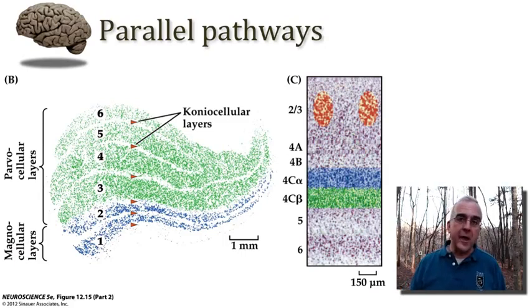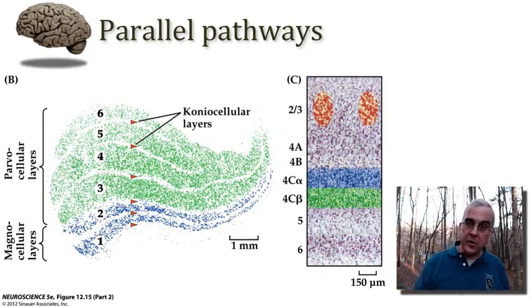Now you may be wondering what happens to these parallel pathways once we get beyond the primary visual cortex. Well, this remains a matter of active investigation. It was very attractive to assume that the parallel organization is highly conserved and rather quite rigid. I think we now know that that's probably not the case, that there is likely to be some mixing of information from one parallel pathway to another.